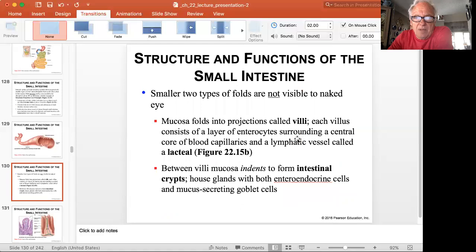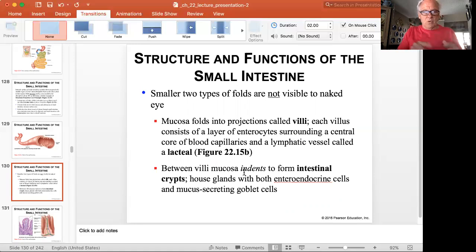So the intestinal crypts. If you back up here, the mucosa indents to form intestinal crypts, and the villi are of the mucosa. Now remember, the mucosa is the inner part of the histology of the alimentary canal. The mucosa is next to the lumen.